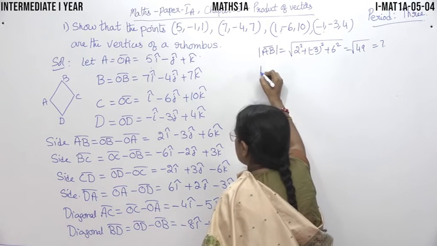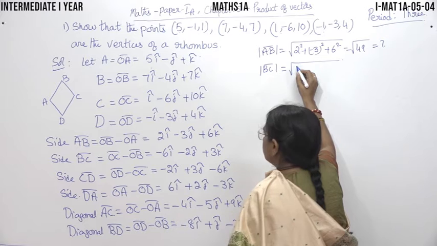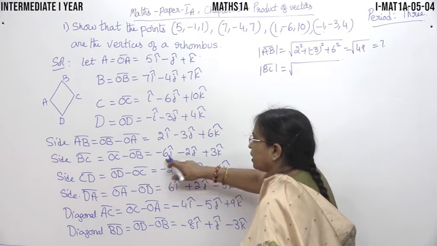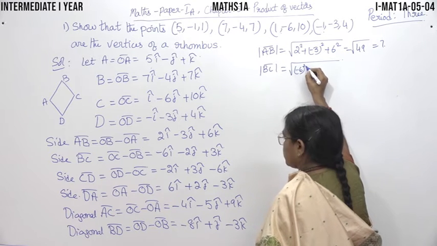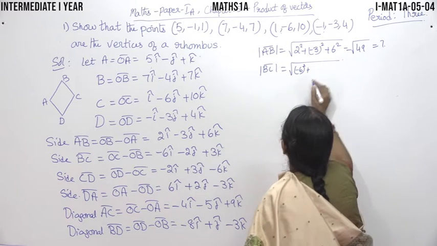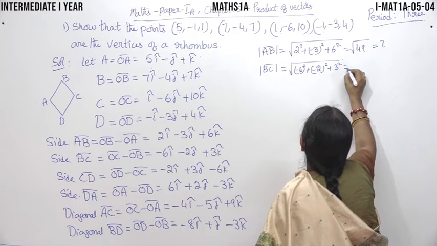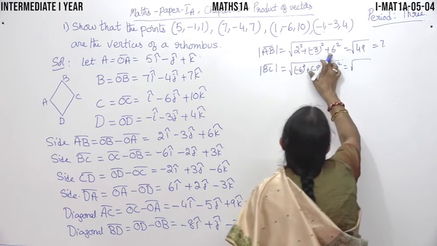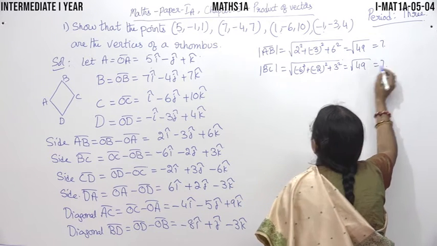Similarly, the length of the side BC is also equal to 7. Again, BC is minus 6 whole square, that means 36, plus minus 2 whole square plus 3 square. That is again the same numbers, 2, 3 and 6. So you'll get 49. So that is 7.